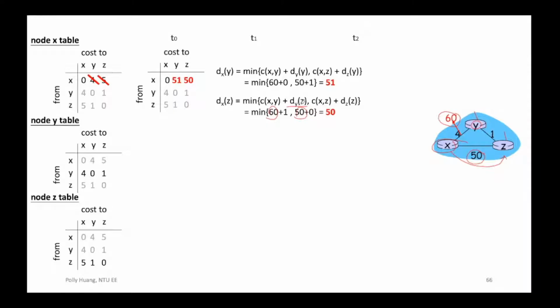Shortest distance from y to z, that would be y to z being 1. And then the second neighbor, z's perspective to go from z to z. Shortest distance from z to z is 0 here. 61 compared to 50, so we pick 50 as the shortest distance from x to z.